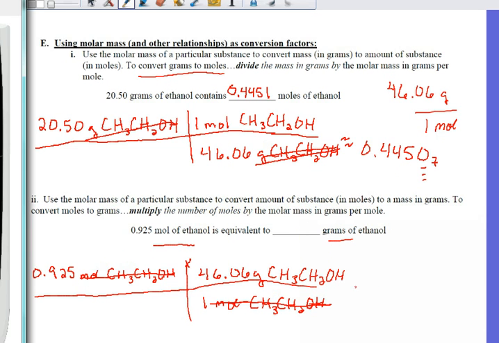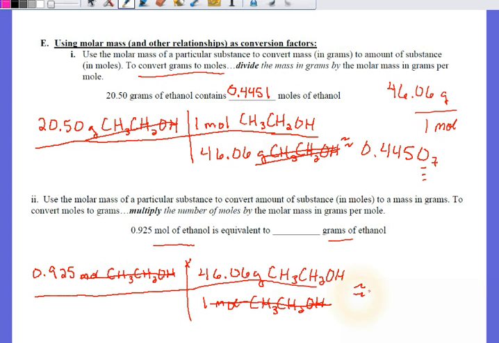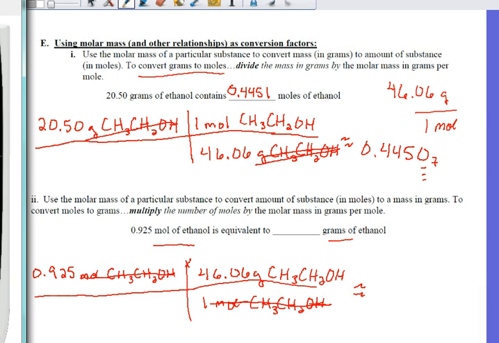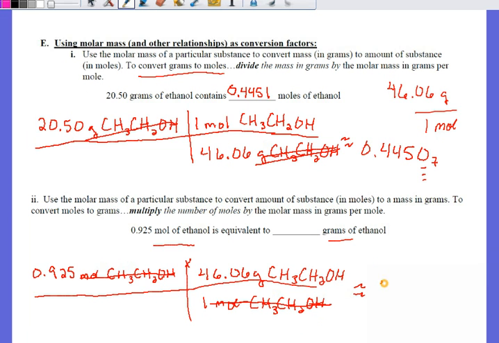If you look at what your calculator attempts to throw at you, it says 42.6055, I think it said. But you only get 3 significant digits. Your third sig fig is a 6, and it's followed by a 0. That 0 does not make that 6 round up to a 7, so you leave it as a 6, and you would report your answer as 42.6 grams of ethanol.